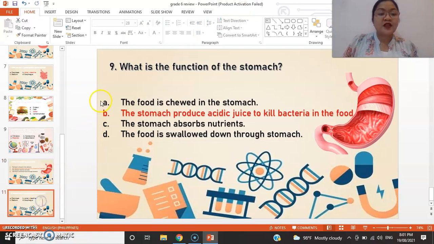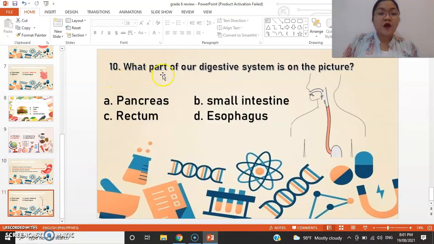And last, number 10. What part of our digestive system is on the picture? Letter A, pancreas, B, small intestine, C, rectum, D, esophagus.